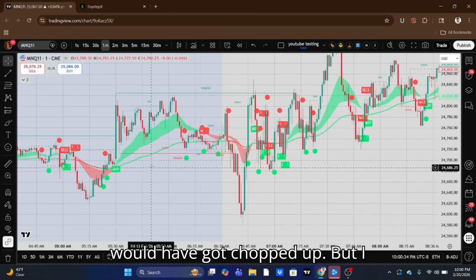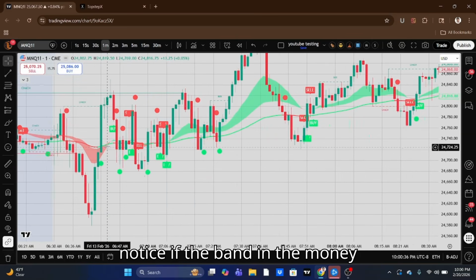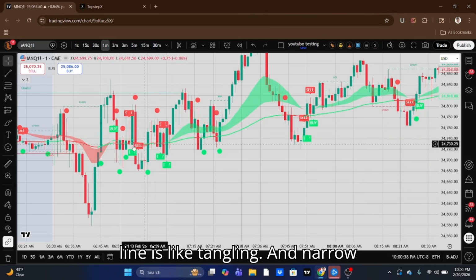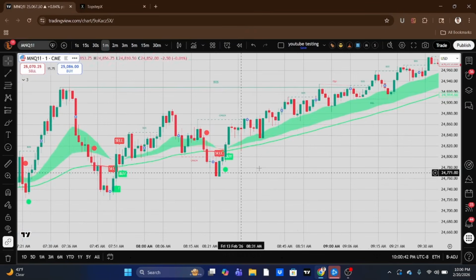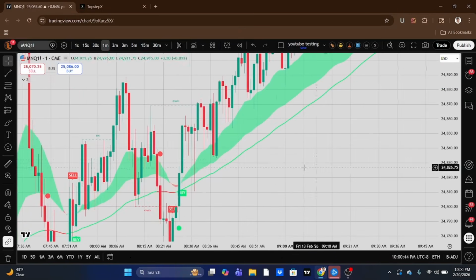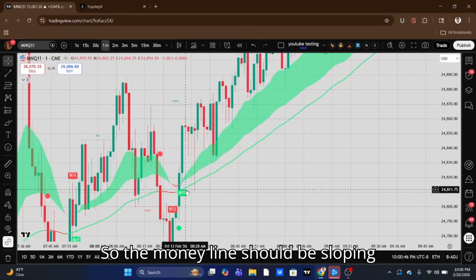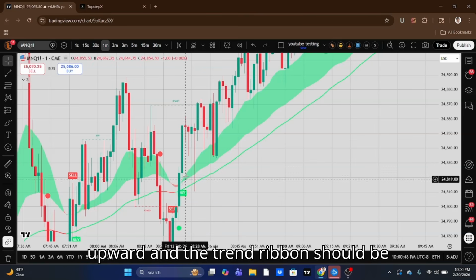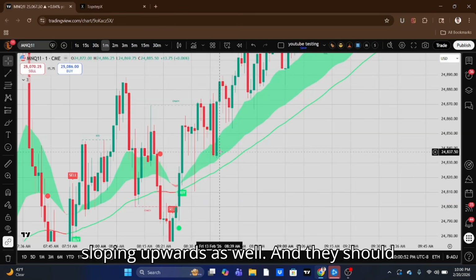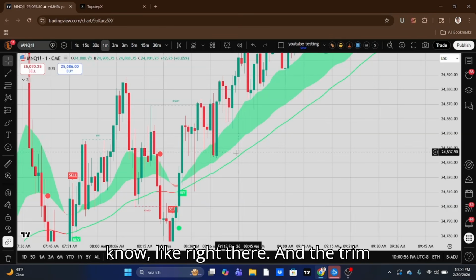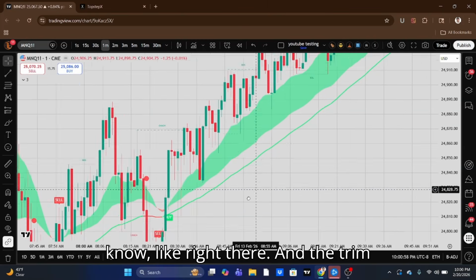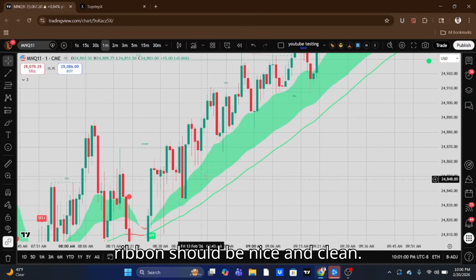But I noticed if the band in the money line is tangling and narrow, it probably means it's choppiness. So the money line should be sloping upward, and the trend ribbon should be sloping upwards as well, and they should also be spaced apart, at least like right there, and the trend ribbon should be nice and clean.